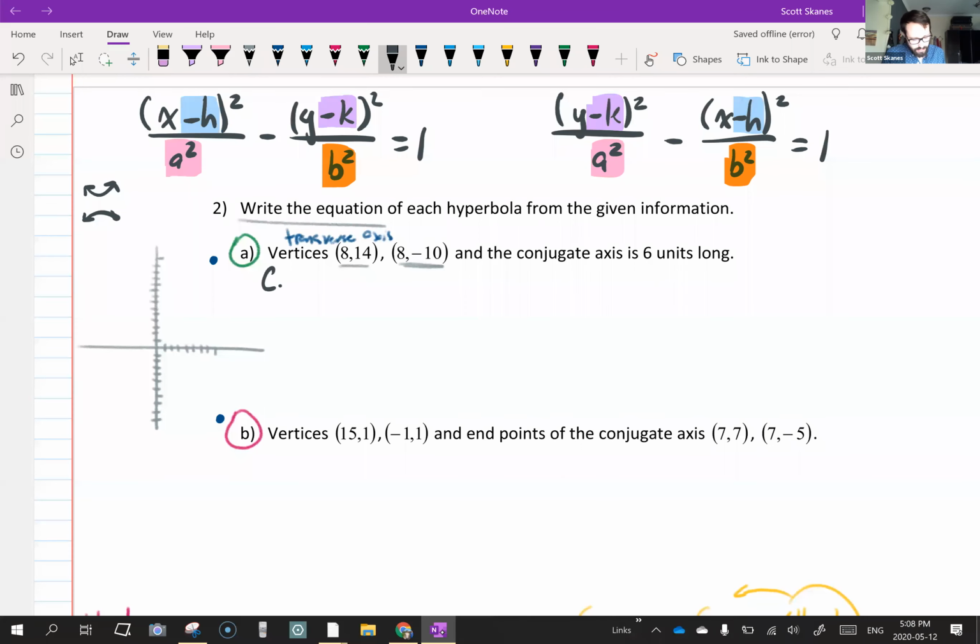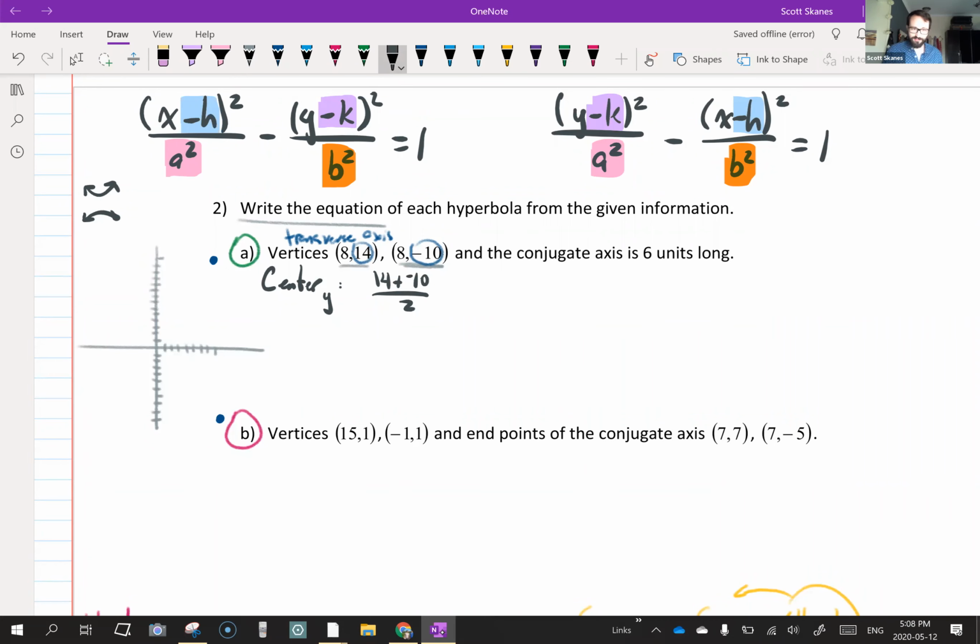So let's just get the y version of the center. And the trick is you just get the average, okay? Add the 2 values, and by the 2 values, I mean take 14 and negative 10, add them up and divide by 2. So 14 plus negative 10 divided by 2. That would be 14 minus 10, which is 4.